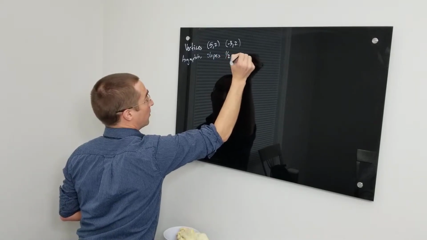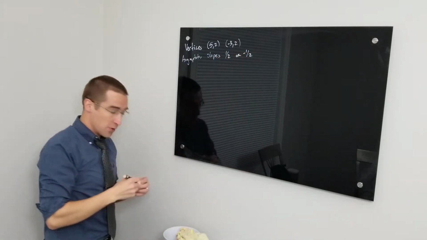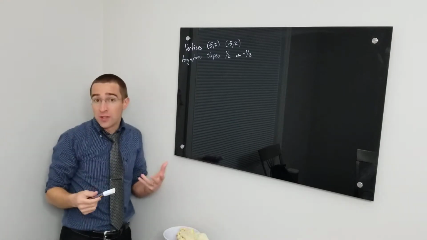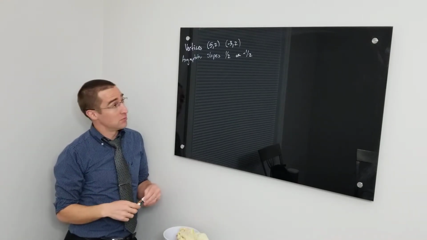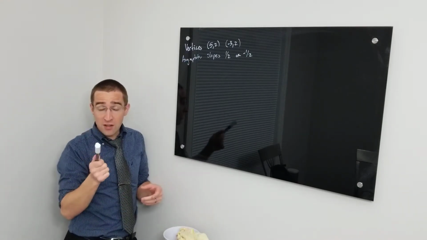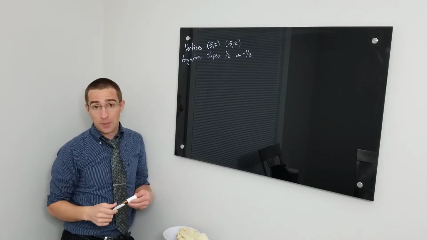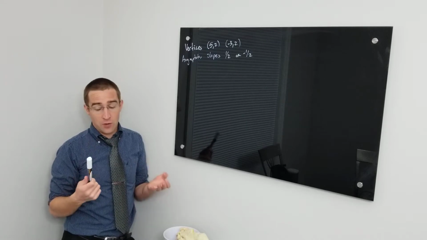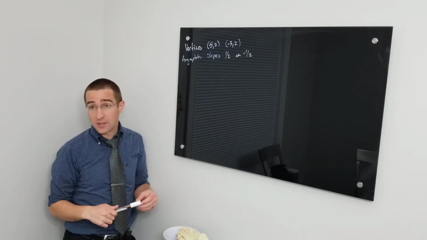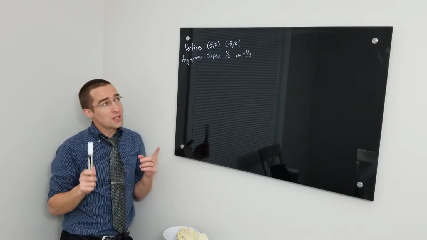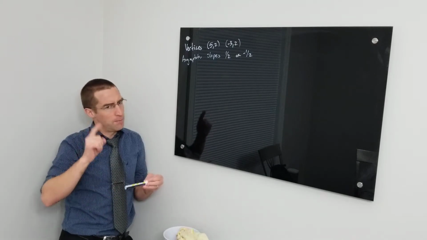So 1/2 or negative 1/2. So those are the slopes of our asymptotes, and that's all the information that we are given. Interesting. This is enough information for us to find the equation for our hyperbola. We can also sketch out the graph, and then we can also find the foci from this as well. It's a little bit tricky though, so bear with me.